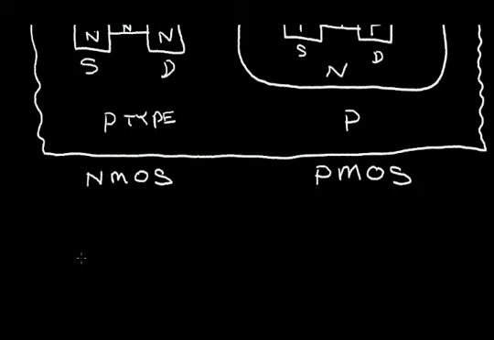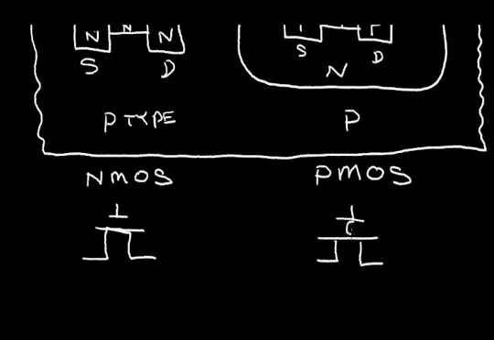So let me scroll down here a little bit. And the symbol again for the Nmos transistor is this, and the symbol for the Pmos transistor is similar, but with a little bubble in the gate. So if this is a source, drain, that corresponds to this source, this drain.